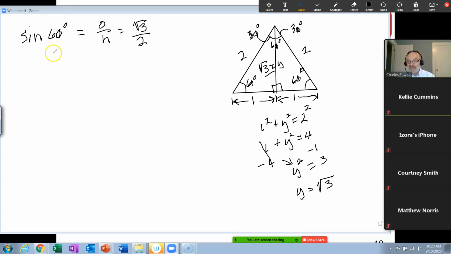You could have written that as sine of pi thirds. That's the same thing, but just in radian. Sine of pi thirds is 60 degrees. We already knew that. We knew it from the unit circle. Here we've got it from right triangle trig. They also asked for a cosine of 60 degrees. And what would that be?